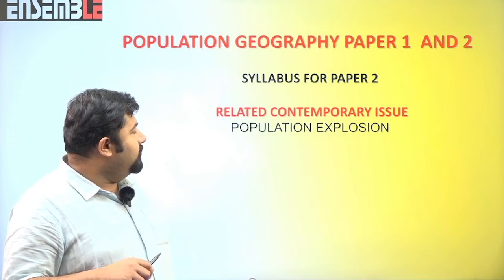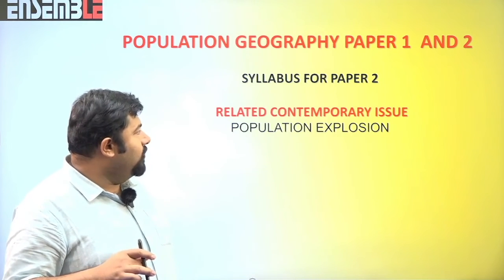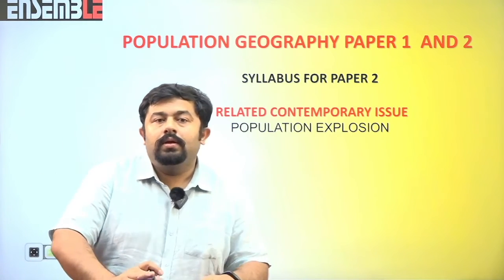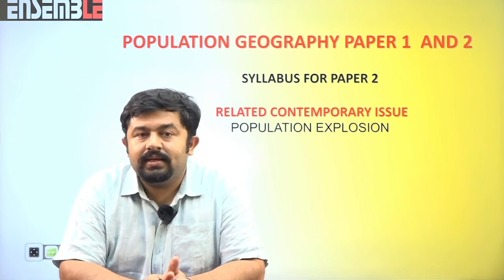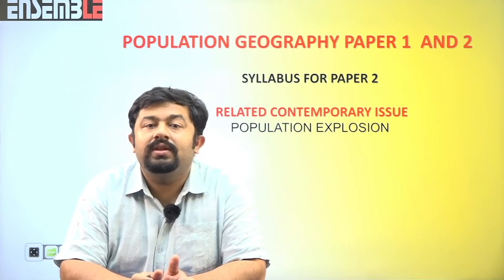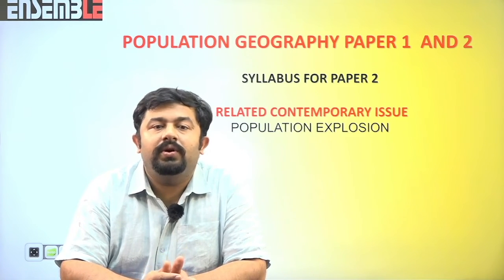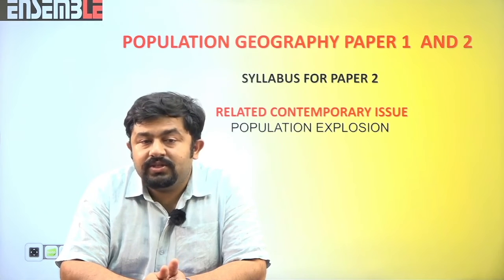In the contemporary issues of paper 2, there is a topic of population explosion. As we know, India's population has been rising, and we have discussed briefly the demographic transition theory. India at some point of time was in stage 1, then in stage 2.